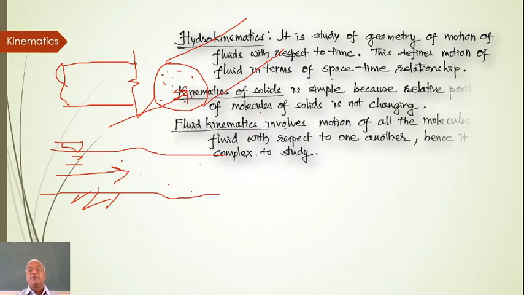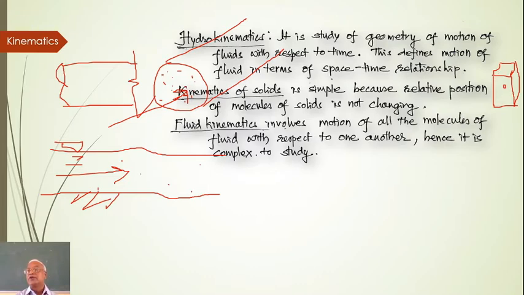Okay, we'll see further. Kinematics of solids is simple because relative position of molecules is not changing. What I mean by that is, suppose you take any solid object, say a brick or something like that. Now when this is moving, if you consider just one corner's motion or the center of gravity's motion, it is the same as all the particles which are there.